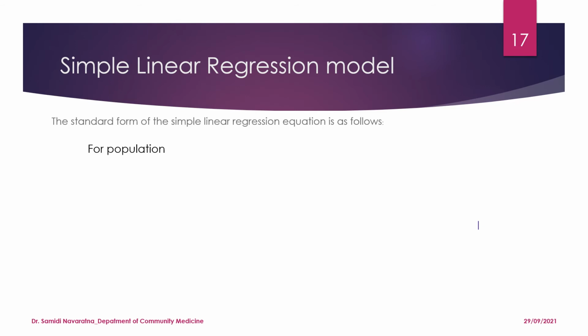For a population, the equation is y equals beta naught plus beta 1 x plus eta, and here eta represents an error term. Therefore, the functional equation is y equals beta naught plus beta 1 x, and for a sample we use the hat sign like this.